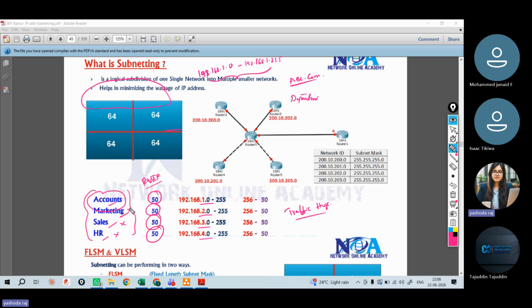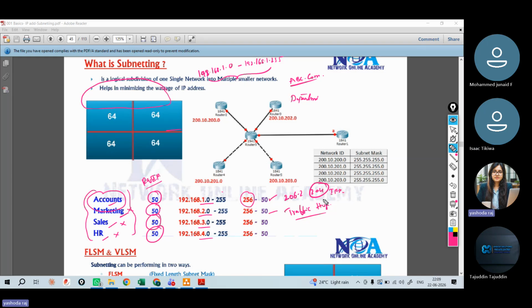Suppose I go with this solution, what is the problem? In this network, what are the total IP addresses we are getting? 256, but my requirement is 50. How much is going to be wasted? 256 minus 50 minus 2, that is overall 204 IP addresses going to be wasted.